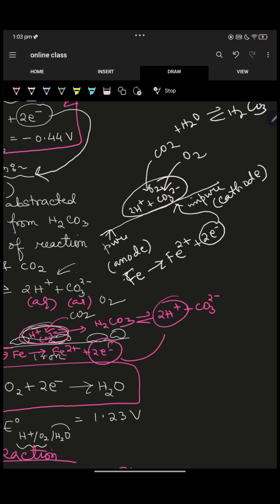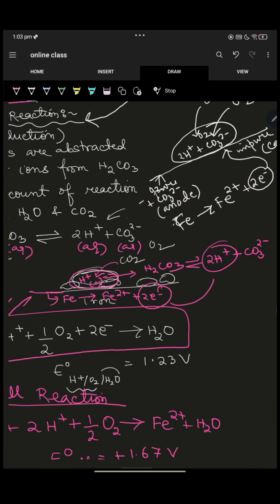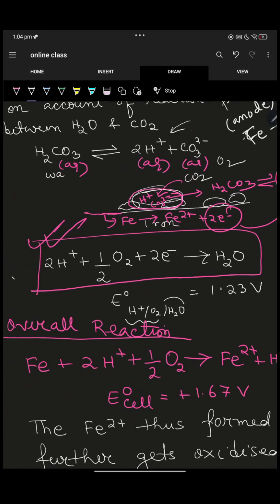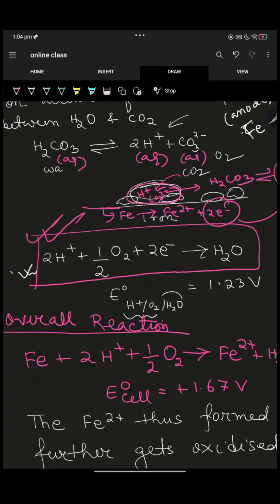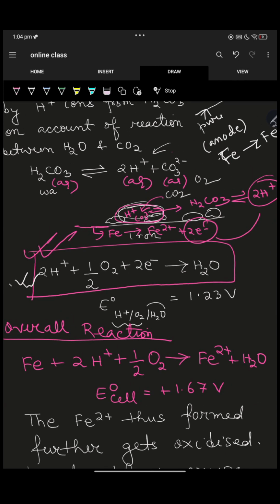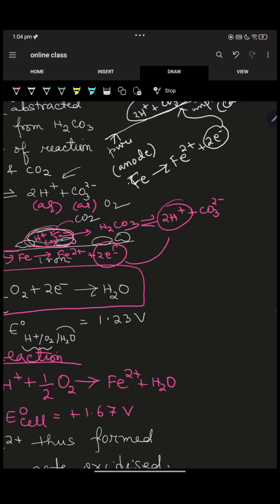So these 2 electrons are taken by the H+ and O2, and it forms H2O. See the reduction potential. It gets reduced very fast because it has a value of +1.23 volt.